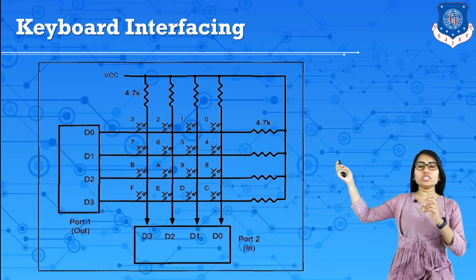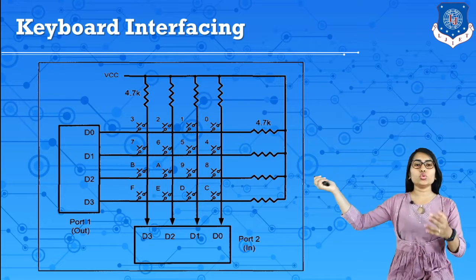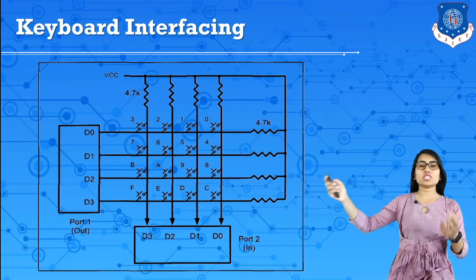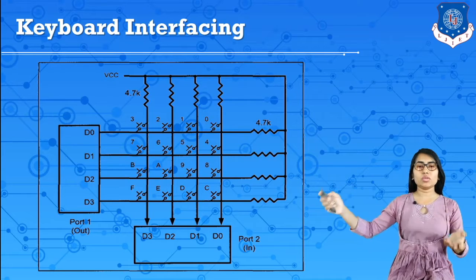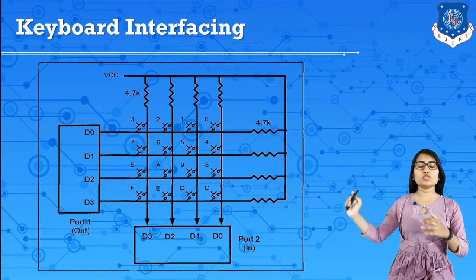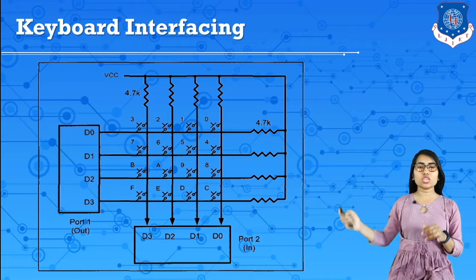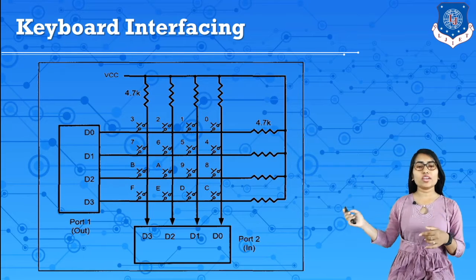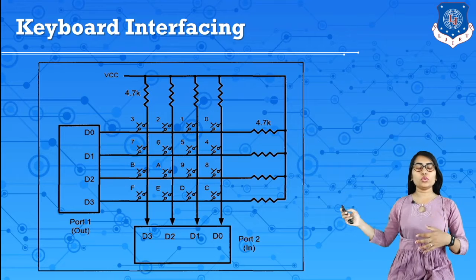If this pin is pressed, then 0 is referred, then 1, 2, 3, 4, 5, 6, 7, 8, 9, then 10, so A, B, C, D, E, F. So basically a total of 16 symbols can be represented using this 4x4 matrix. This is a 4x4 matrix configuration using port 1 and port 2.